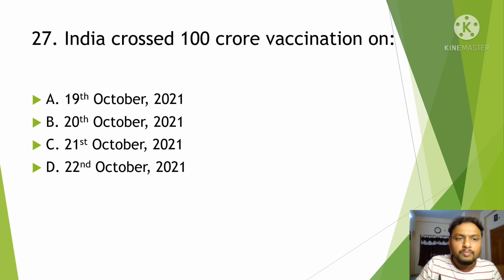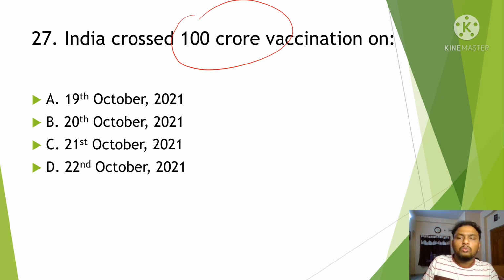Next, India crossed 100 crore COVID vaccination on: A 19th October 2021, B 20th October 2021, C 21st October 2021, D 22nd October 2021. The dates are continuous in October 2021 only, so you will definitely get confused. The correct answer is option B, 20th October 2021.